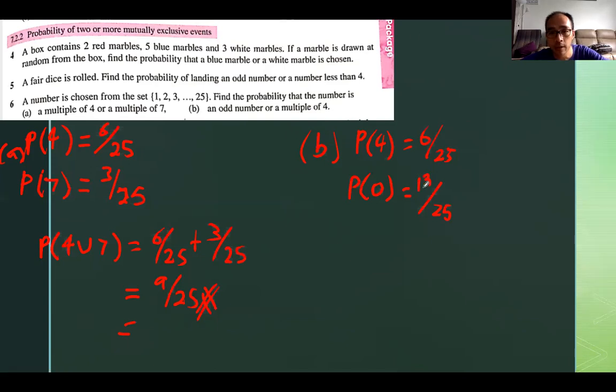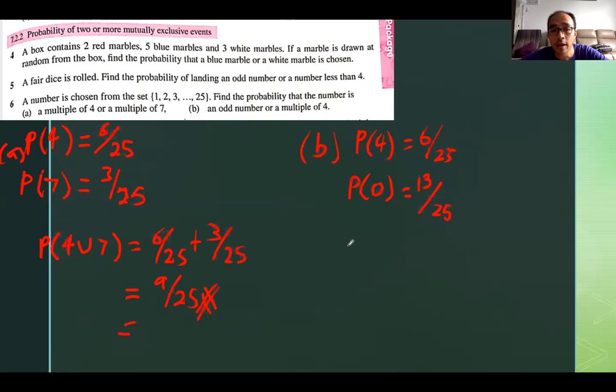Okay. So, but the question is, find the probability that it is odd number or multiple of 4. So we know that we have to plus this together. But the question that we need to ask is there an overlap? Cuba kau fikir, ada overlap tak? There is no overlap lah, obviously, because all multiples of 4, semua gandaan 4 adalah nombor genap.